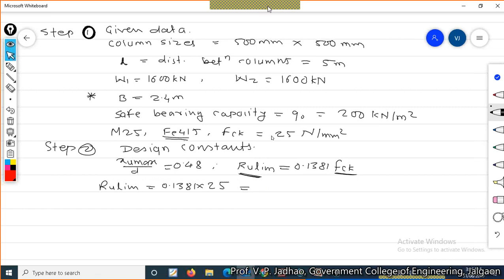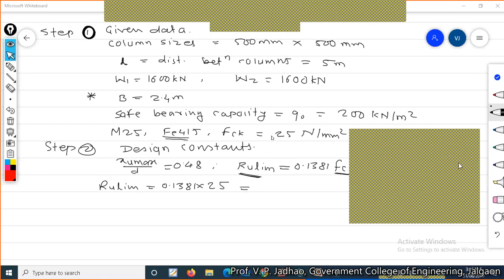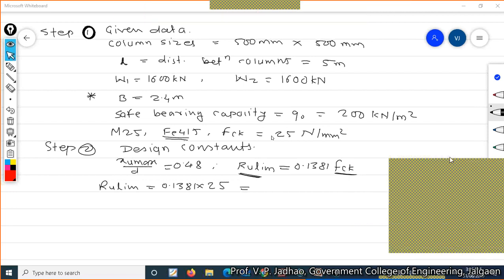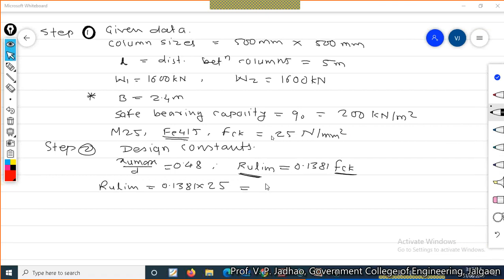If you have a calculator, just let me know how much is this. 0.1381 FCK, that is equal to 3.45. So RU limiting is 3.45. Just let me calculate it. Zero point 138.